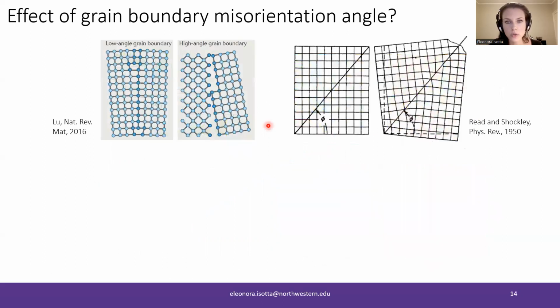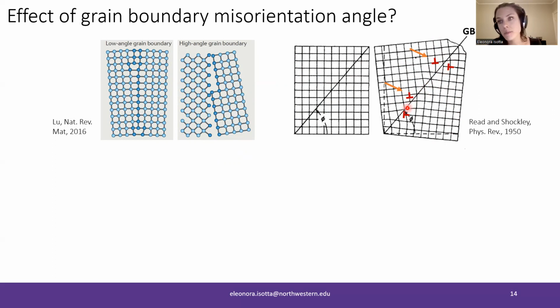What is this? So according to the model developed by Read and Shockley, a grain boundary can be seen as an array of dislocations. So you can easily see in this figure here that whenever we have a crystal and we introduce a misorientation like they do here on the right, some atomic planes are geometrically required to terminate at the boundary, thus effectively forming a dislocation.